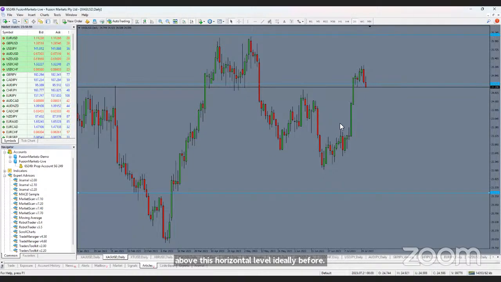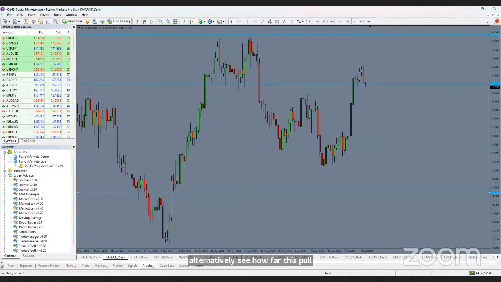It is still in an uptrend, with higher lows and higher highs in price action right now. So I am more bullish than I am bearish, but I would like it to get back above this horizontal level here, or alternatively, see how far this pullback goes.